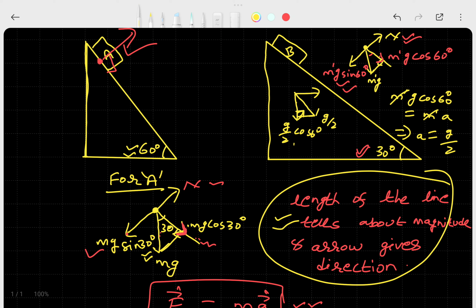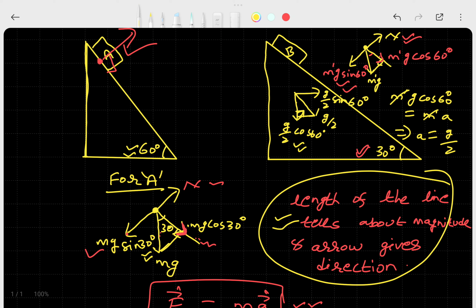This part we already did in the previous lecture. That vertical part we have already taken in the previous lecture. So here the only concern is the horizontal component. If this is cos 60, this will be sin 60, g by 2 sin 60.